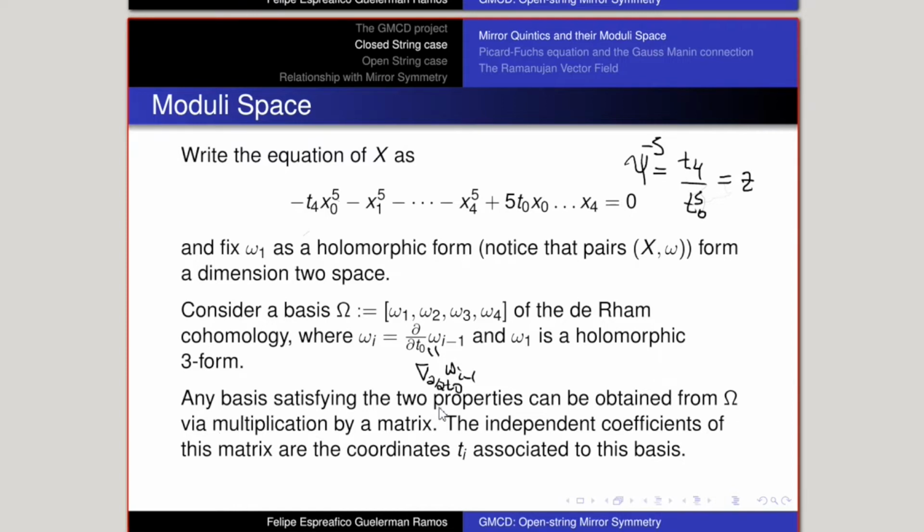Any basis satisfying the 2 properties we have can be obtained from this basis by a multiplication by a matrix, and the coefficients of this matrix are the coordinates Ti. So Ti are the coefficients we use to change from this kind of canonical basis to a basis satisfying our properties. That's how we get these Ti's, but I'll not get into the details here.